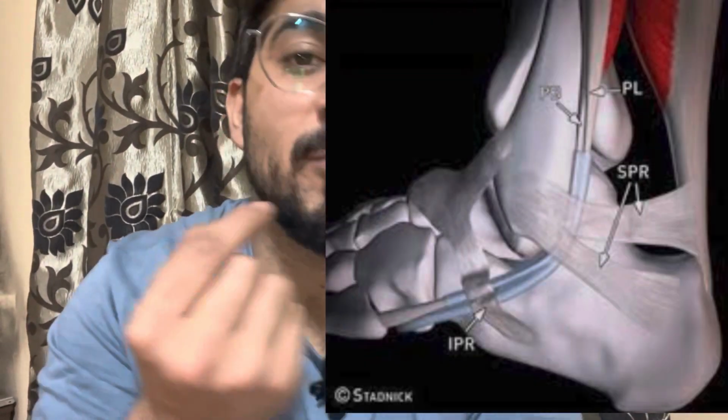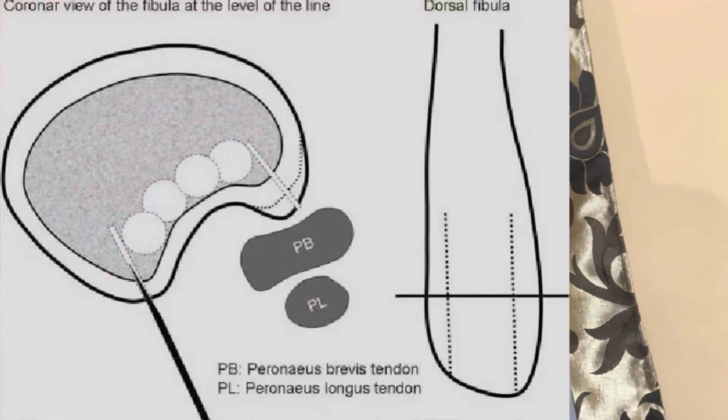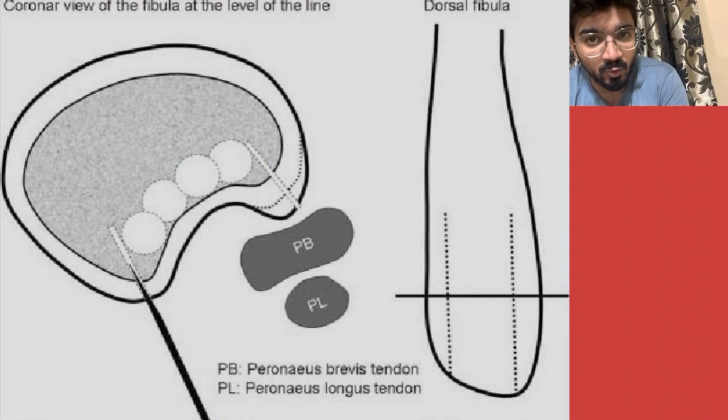Your peroneus longus and brevis tendons are enclosed in a common sheath. They do have separate sheaths, but they are enclosed in a common sheath, so they both subluxate together. From where? They subluxate from the retromalleolar groove.